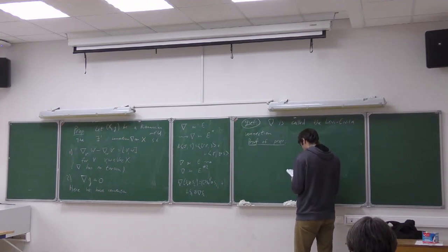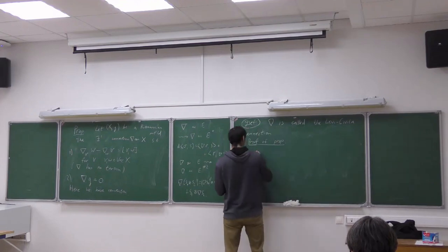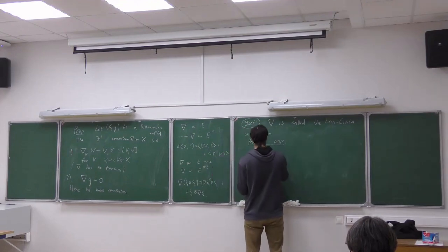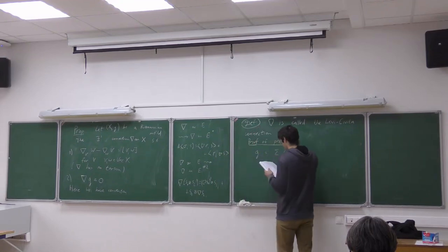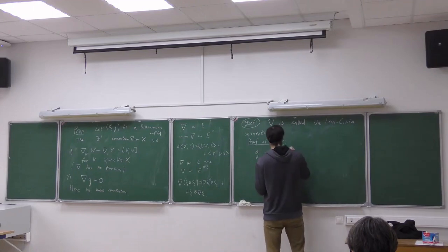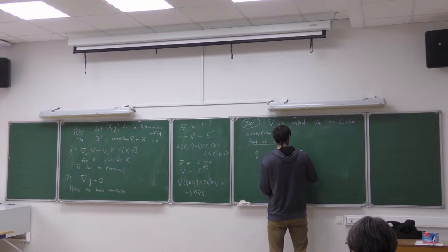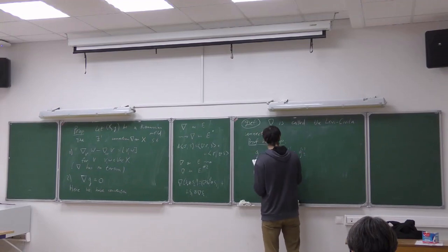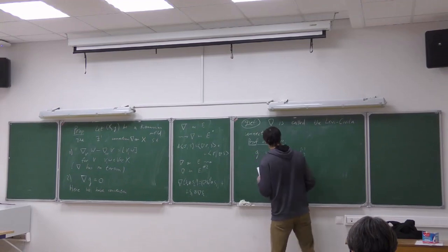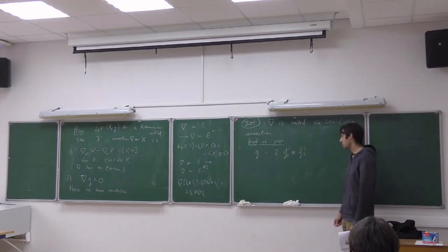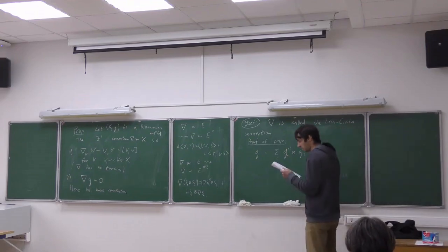Let me see. G can be written like this. It's just a sum over some tensor products of G1 and G2, where I have a sum over I, for some G1I and G2I, just one-forms.